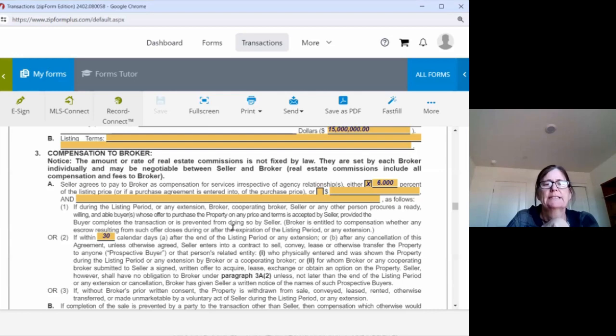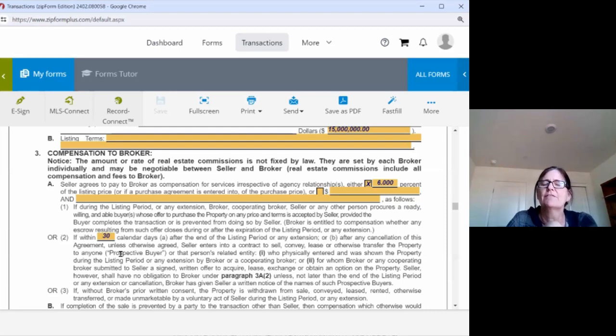And so it basically says that that amount is due if during the listing period or any extension of the listing period, the broker or a cooperating broker, seller, or any other person procures a ready, willing, and able buyer whose offer to purchase the property at any price and terms is accepted by the seller.